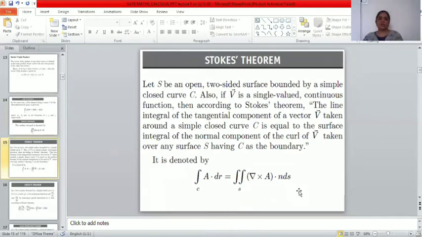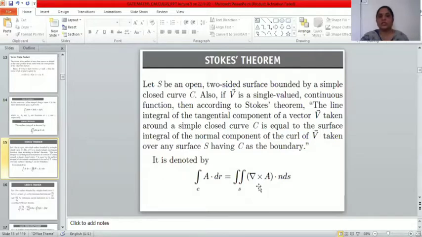Okay, there are three important theorems next: Stokes theorem, Green's theorem, and Gauss theorem, the divergence theorem. What is Stokes theorem? We are not going to read everything here, we know that. It is just a combination of single integration and double integration. Always remember, whenever there is Stokes theorem, it is related to line integral and surface integral.